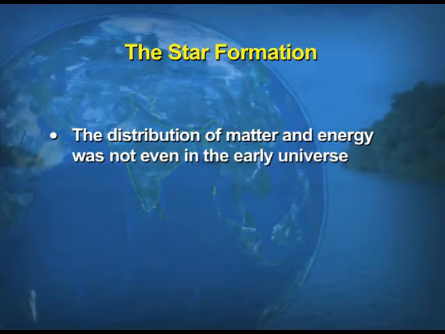These stages in the Big Bang theory talk about the formation of the universe as a whole, and they don't give any specific example of only the formation of the earth. This also talks about the formation of the star, that is the present remnant, the sun itself. The distribution of matter and energy was not even in the early universe.